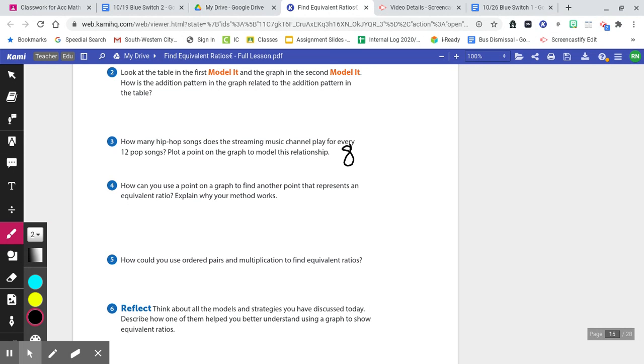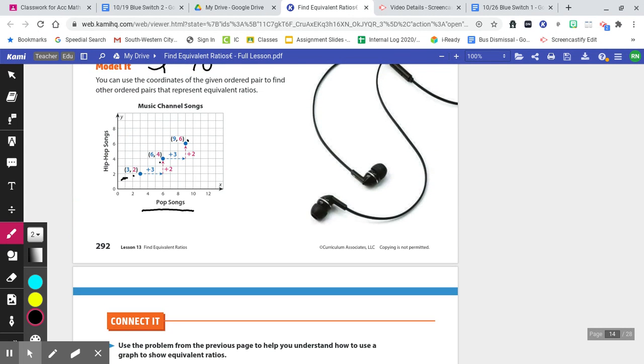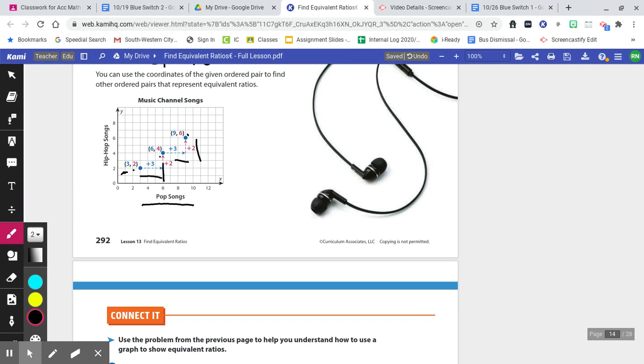So it shows me back here, every time I moved over 3, up 2, over 3, up 2. So I moved the x over the same amount each time and my y up the same amount each time. And I did want to point out that this is a constant rate of increase. I'm going to erase these pencil marks I got here.